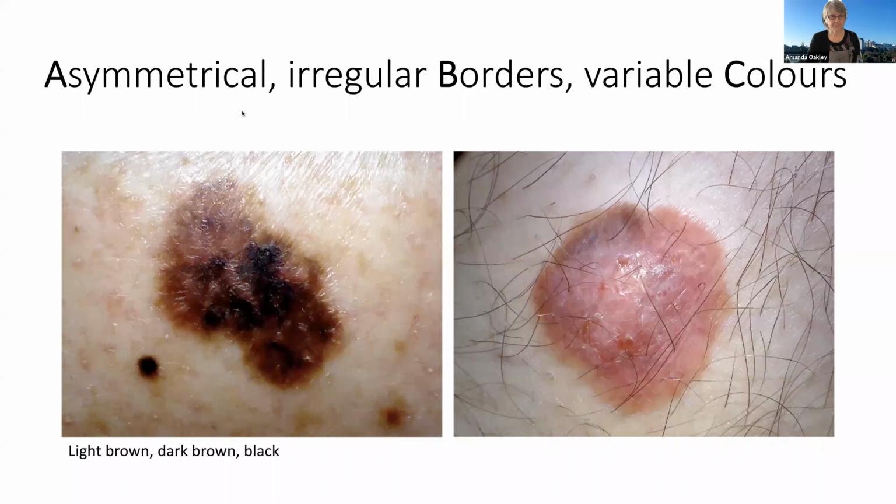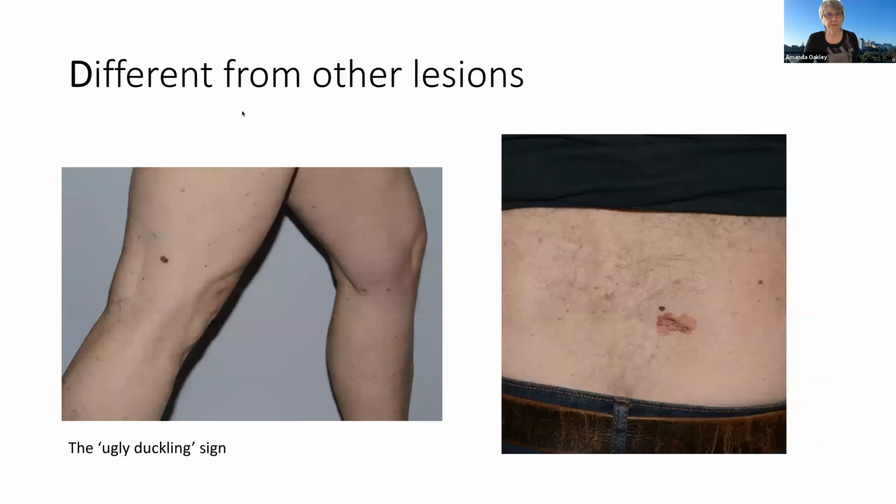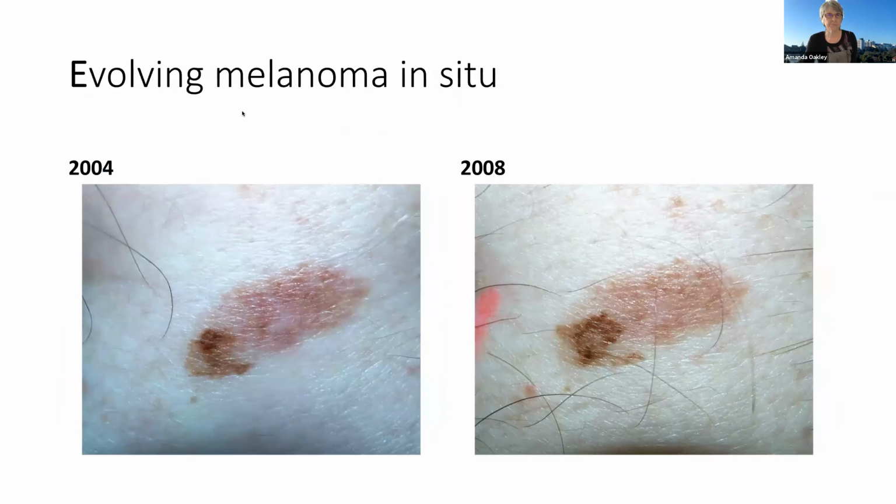The colors are more than one color, more than two colors, and sometimes 5 or 6 colors. So the ugly duckling means that without any difficulty, a health professional can point to a lesion and say, that looks different from the other ones the patient has. It stands out.